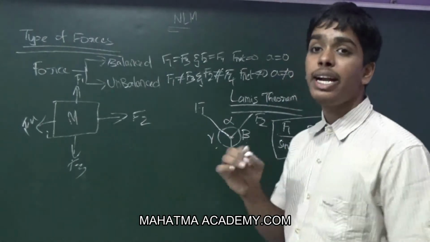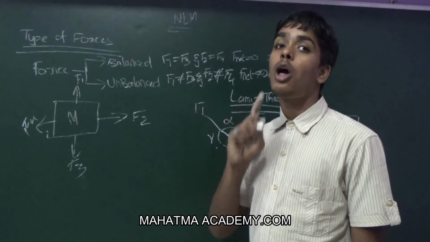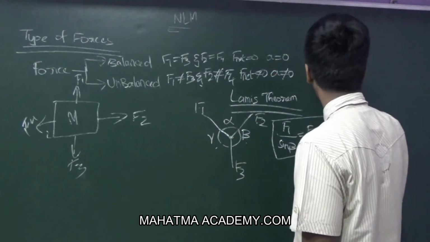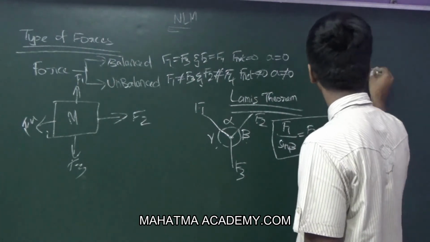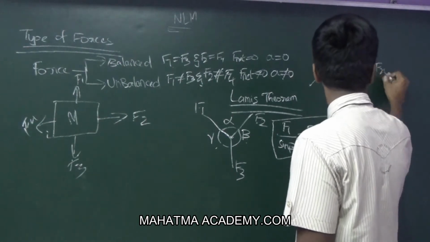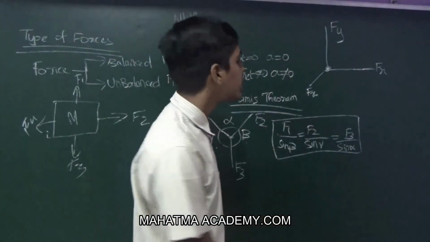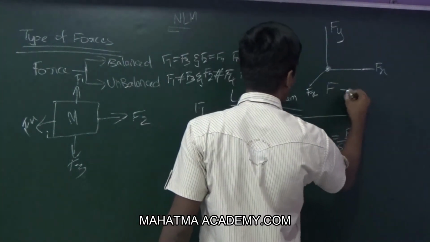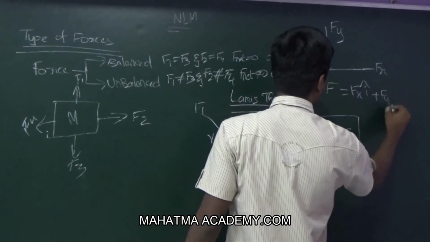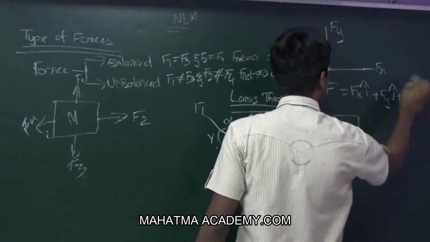Now we can resolve the force into three axes because force is a vector quantity. This is the body, it is Fy, it is Fx and it is Fz. So we can write F is equal to Fx i cap plus Fy j cap plus Fz k cap.